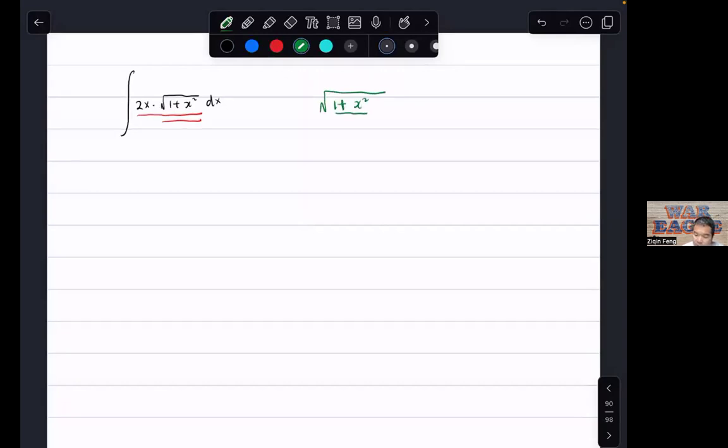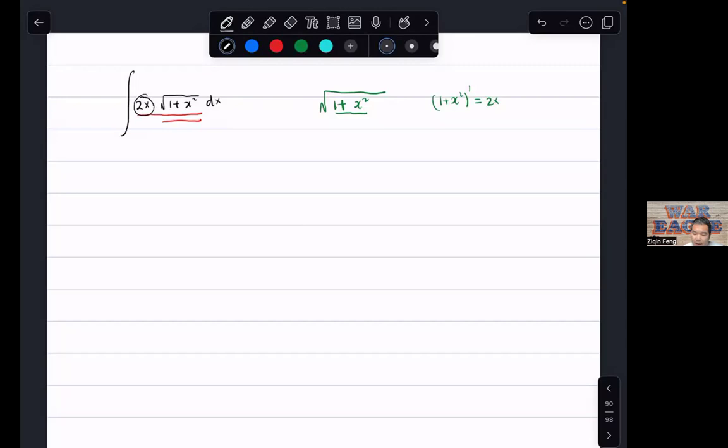The inner function, 1 plus x squared, its derivative is 2x, right? And 2x is actually outside. So this reminds you of the chain rule, right? So u-substitution is basically the integral version of the chain rule.